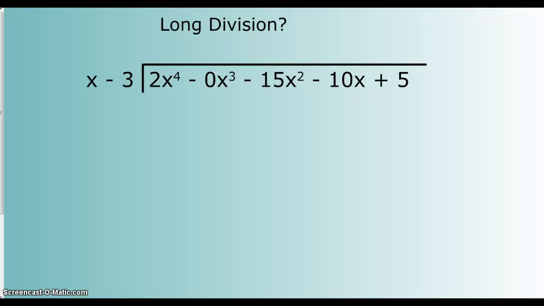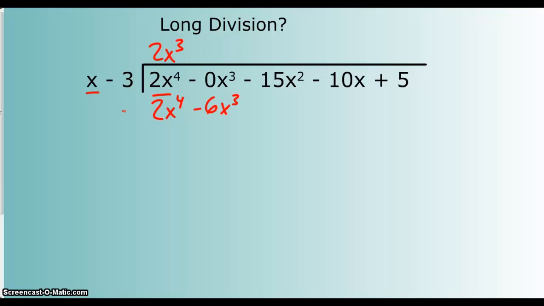So if I do long division, I'd have to make sure all my coefficients are in order. And what I would have to do is look at the x and say, okay, how many times can x go into 2x to the fourth? Well, I think it can go in 2x to the third. Because now, if I multiply them, 2x to the third times x is 2x to the fourth, and 2x to the third times negative 3 is negative 6x to the third.